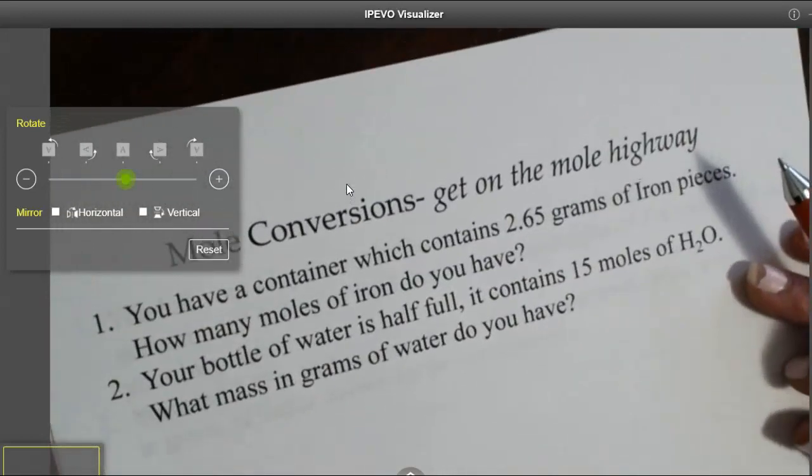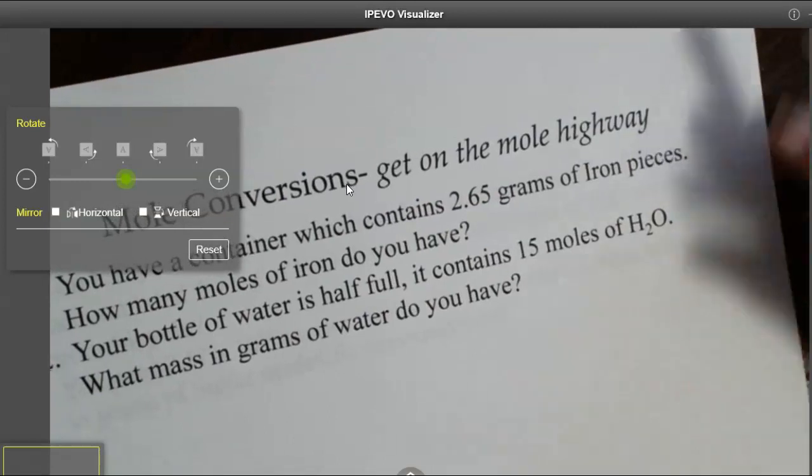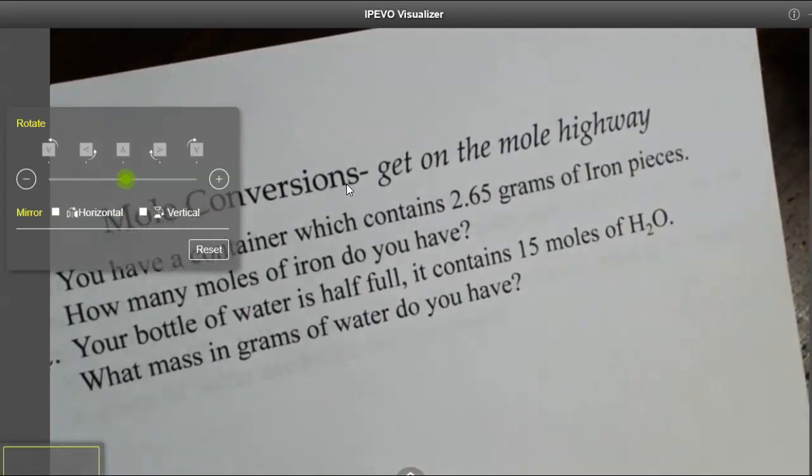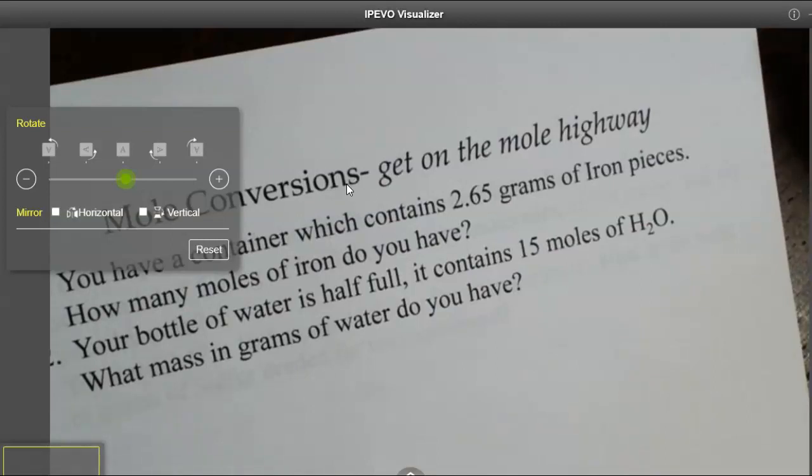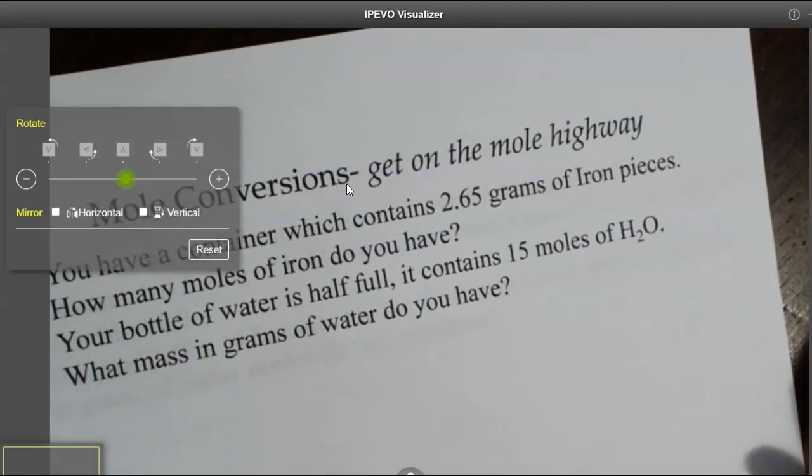Okay, so you have a container which contains 2.65 grams of iron pieces. How many moles of iron do you have? So this is a very small conversion.